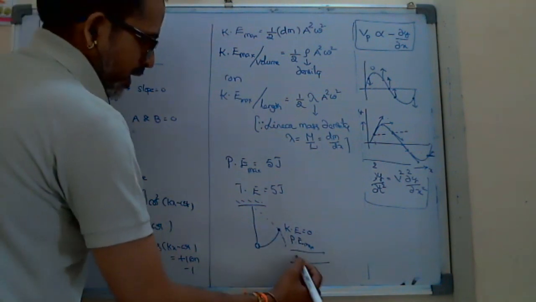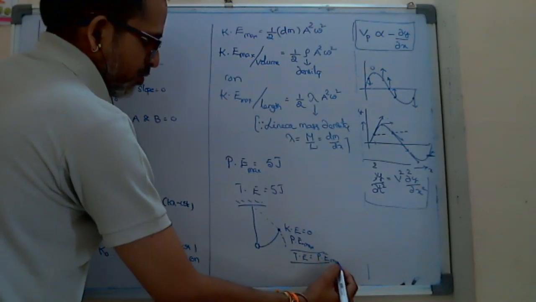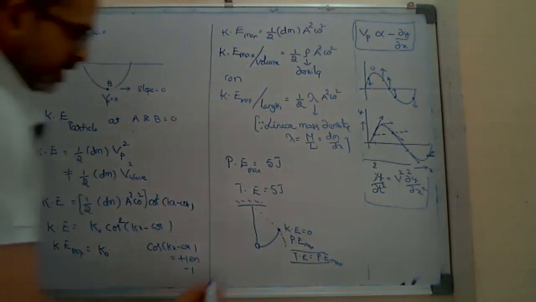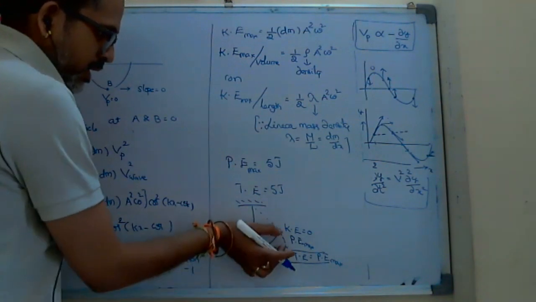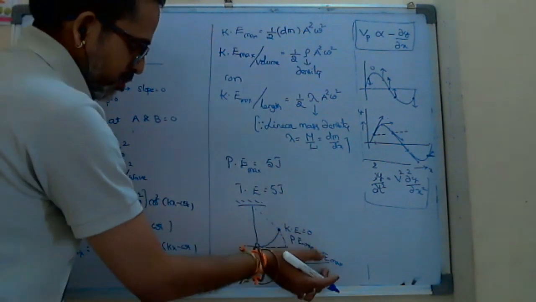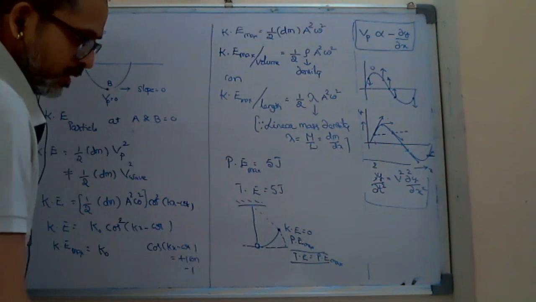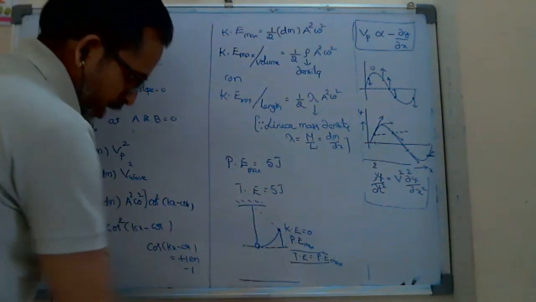So what is the total energy? If they ask, total energy is equal to PE max. If you write like this, it is not valid in all cases. Why? Because you are taking the height from this reference level and that height is maximum, and you are saying maximum potential energy is the total energy for the oscillation. Suppose he measures that height from the ground level.